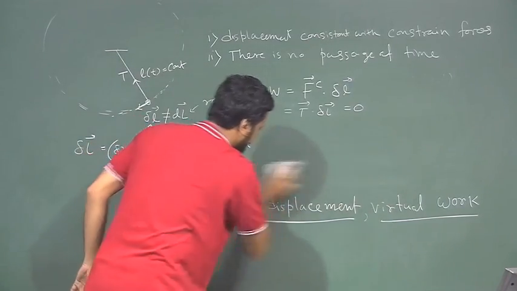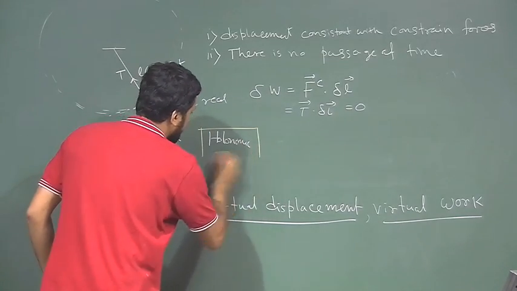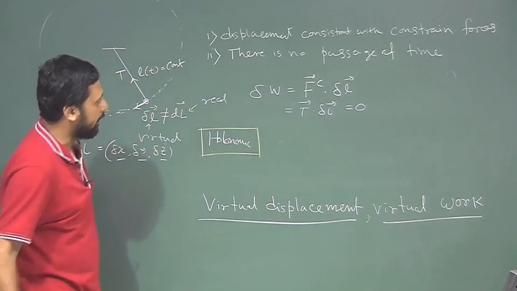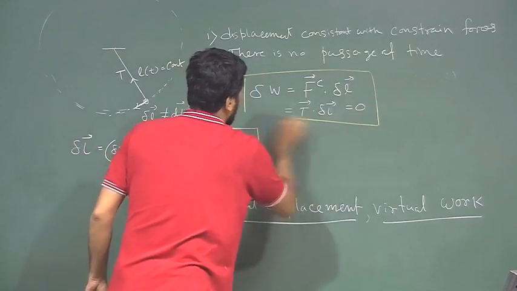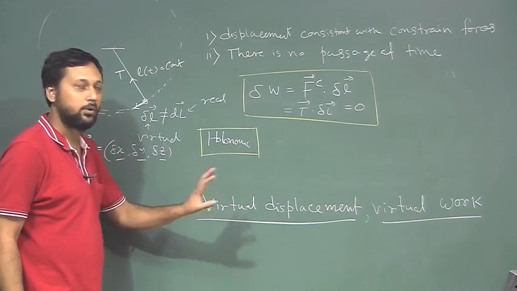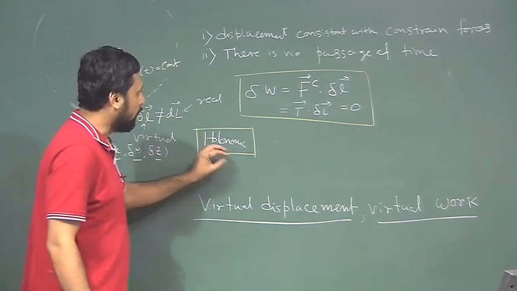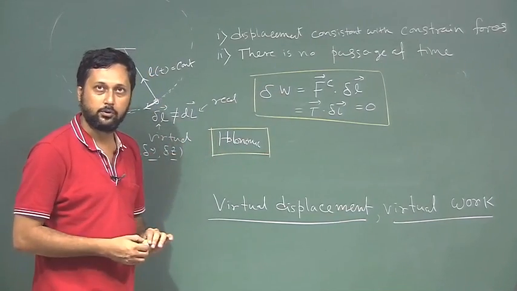When we are writing virtual displacement and virtual work for each and every holonomic system, we get delta W is equal to 0. So, this is the beauty of using virtual displacement. We do not have to worry about whether the system is scleronomic or rheonomic. If it is holonomic, we can always write delta W equal to 0.